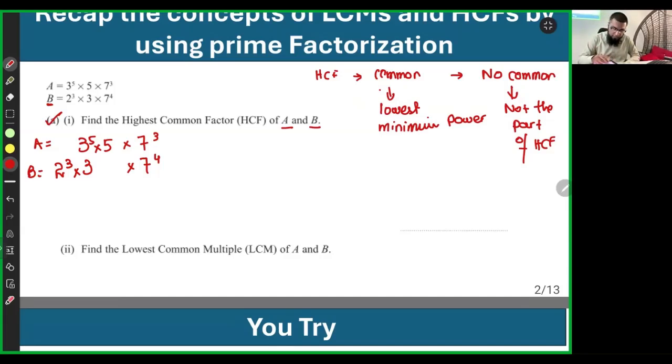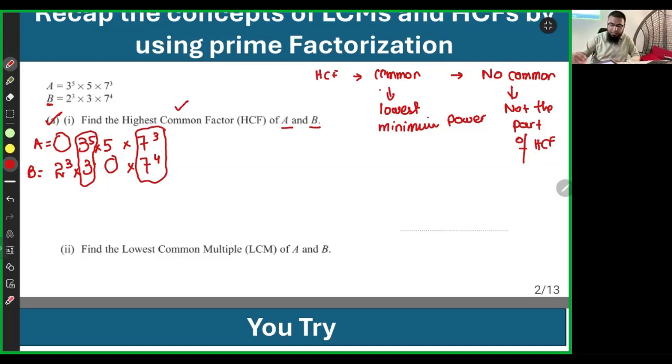I can see very clearly that 3 is common and 7 is common. 2 raised to the power 3, nothing here. 5, nothing here. So 2 raised to the power 3 and 5, reject. Okay.